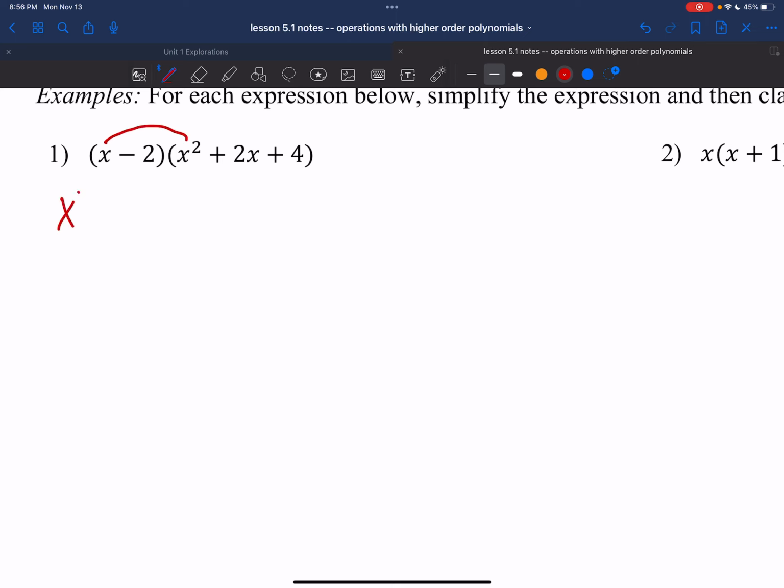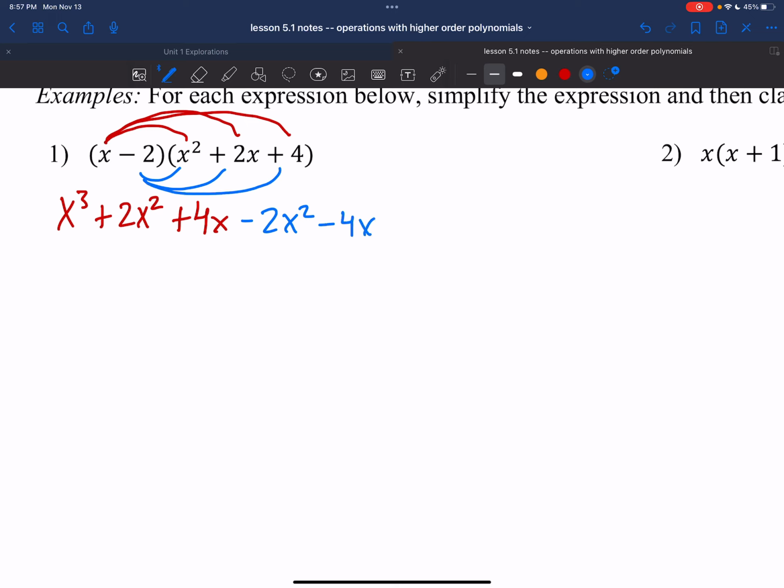Well, that's just x cubed. And then x times 2x. Well, that's just 2x squared. And then x times 4. Well, that's just 4x. Hey, look at that. Amazing. And then I'll do the same thing. Negative 2 distributes here. It's negative 2x squared. Negative 2 distributes to positive 2x. That's negative 4x. Then negative 2 distributes to positive 4.